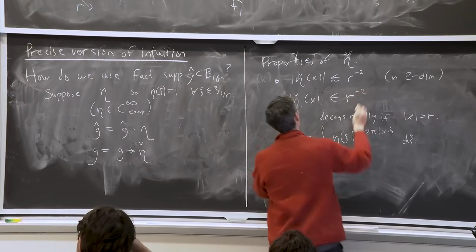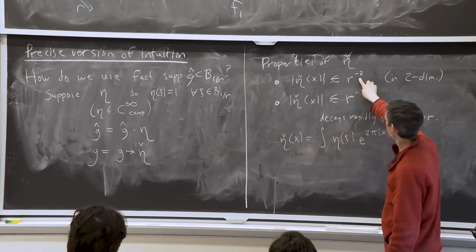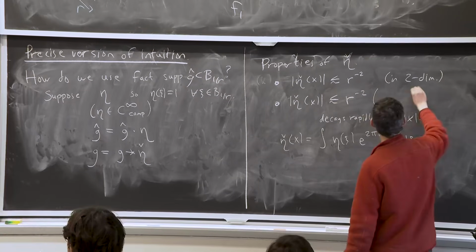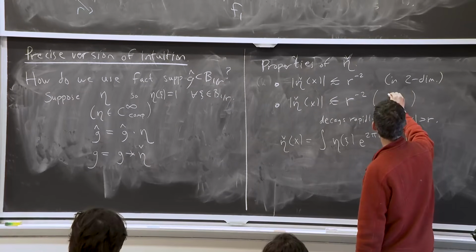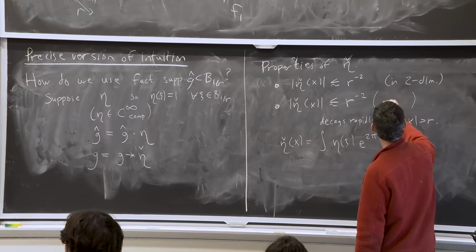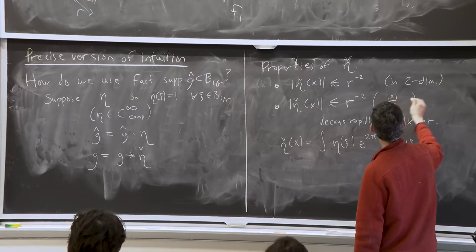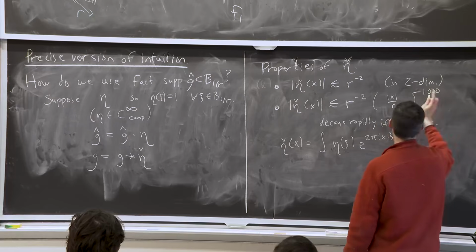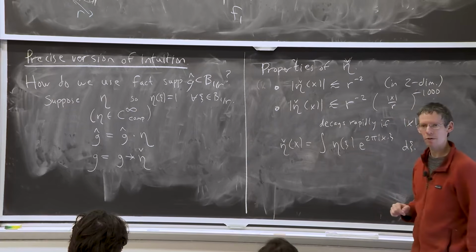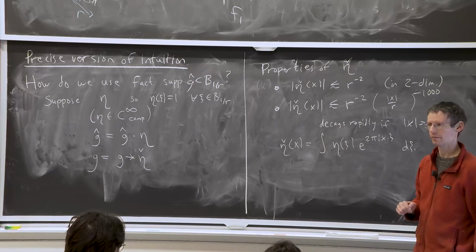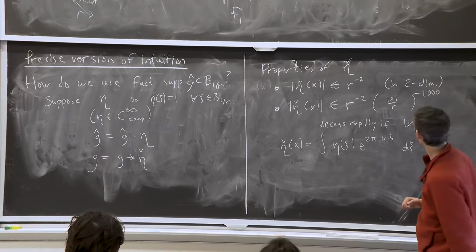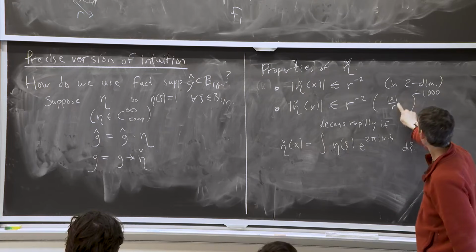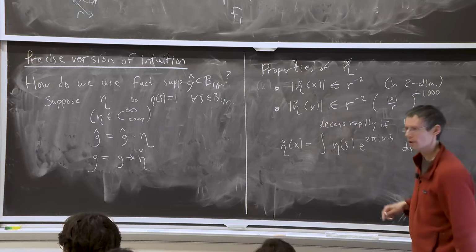I start with an r to the minus 2, just to compare to what I had there. And then I have x over r to any exponent I like, but negative 1,000 will be fine for us. So if x is more than a teeny bit bigger than r, this thing is very small.